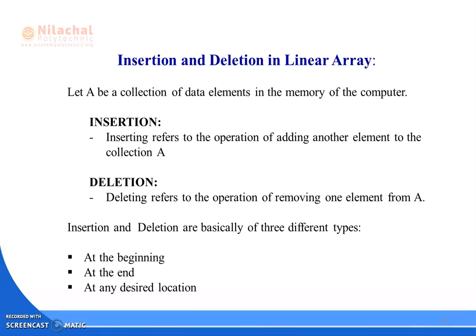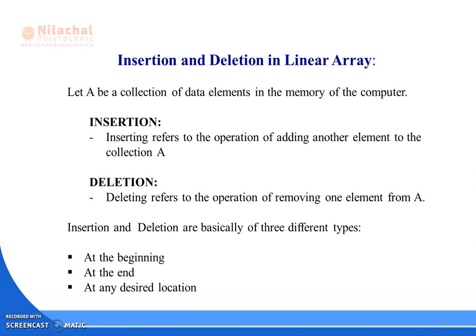Basically, insertion and deletion are of three types. That is, insertion at the beginning of the array, insertion at the end of the array, or insertion at any desired position of the array.